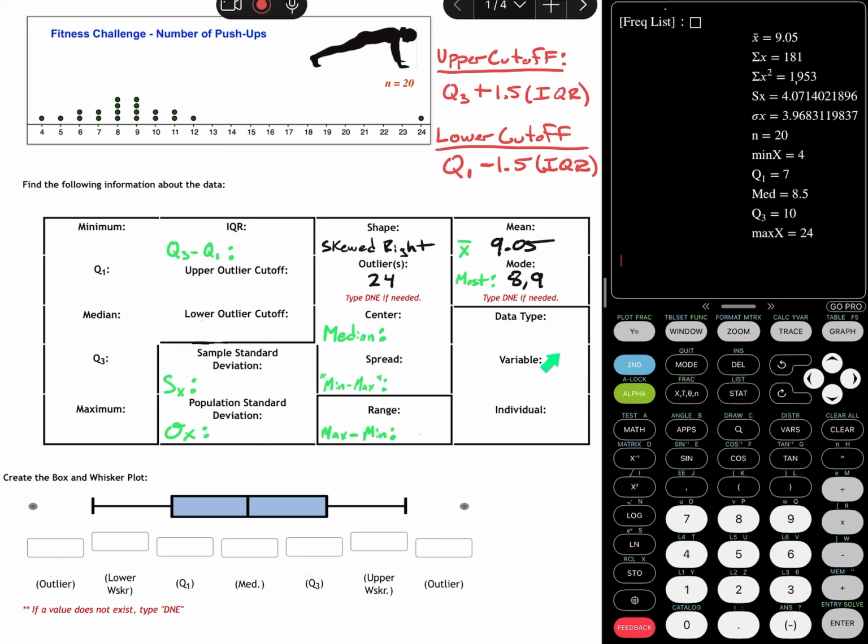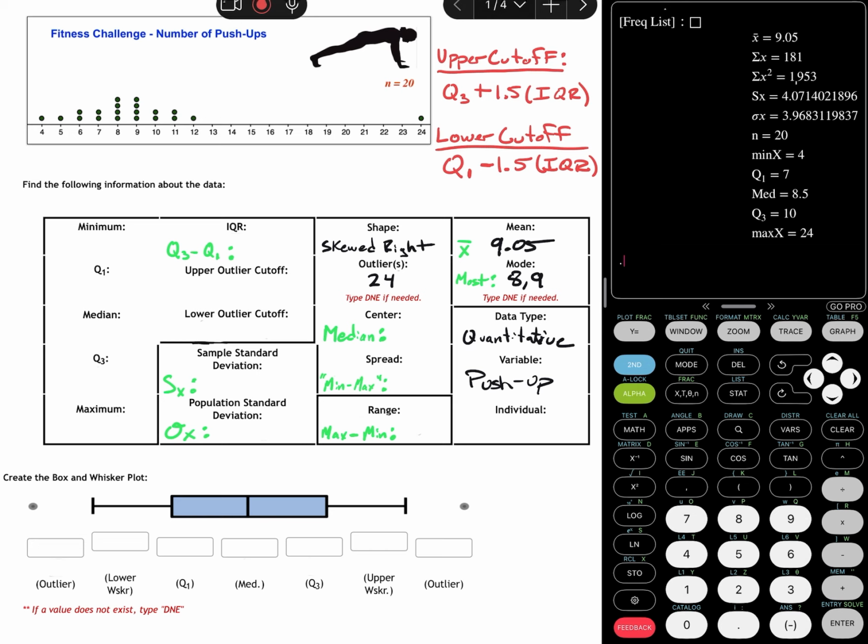Other thing I could talk about right now that doesn't use the calculator is this information over here. The data type is going to be quantitative because we're doing a bunch of quantitative work. Quantitative, I can spell it right. Your variable is what your data is. It's the amount of push-ups.